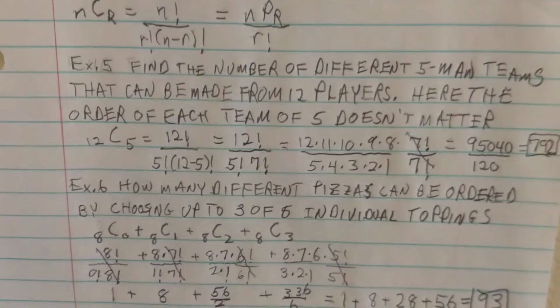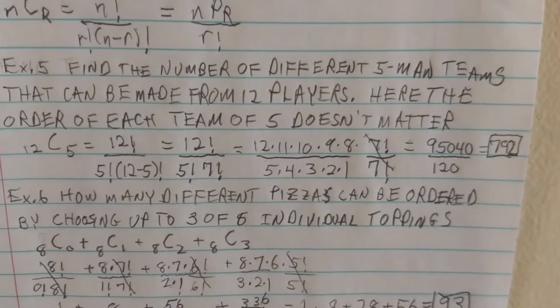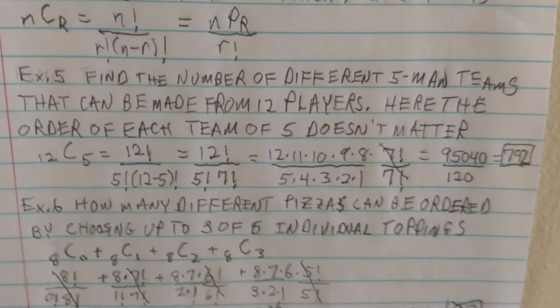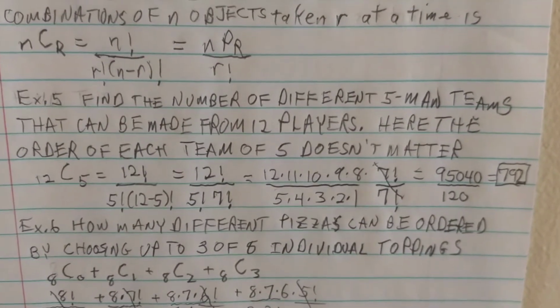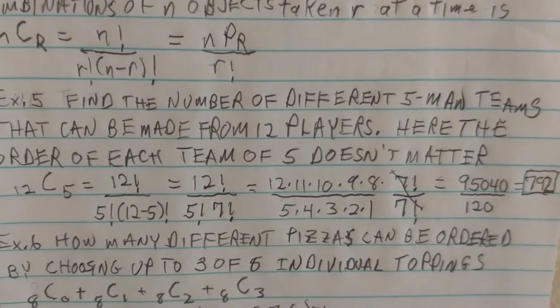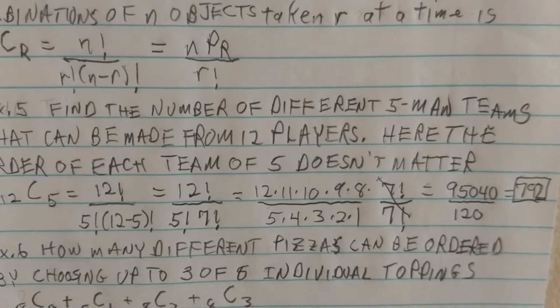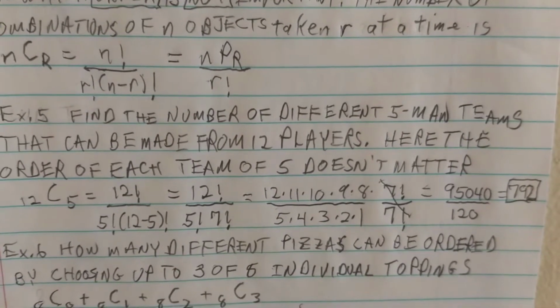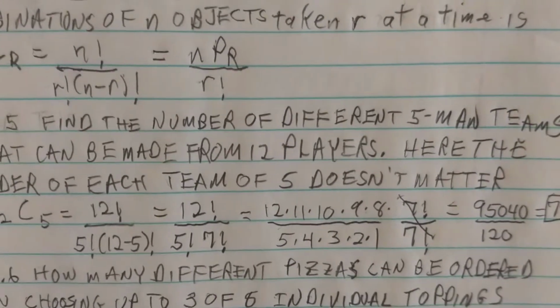Now in example 5, we can show this as: find the number of different 5-man teams that can be made from 12 players. Here the order of each team of 5 doesn't matter, that's the 5. So this would be 12C5, or 12 factorial over 12 minus 5 factorial, divided by 5 factorial, the 5 in the team.